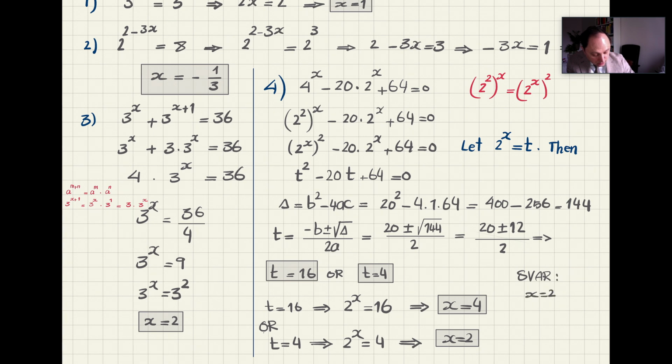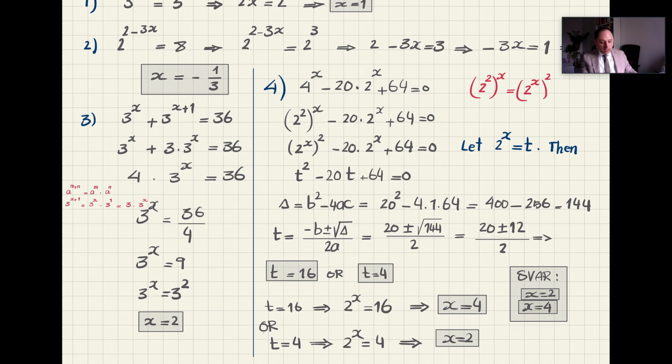So x is equal to 2, and then x is equal to 4. Yes? And then we can put this in another box here. Okay, so this is a problem where you see that the idea of the auxiliary variable still works.